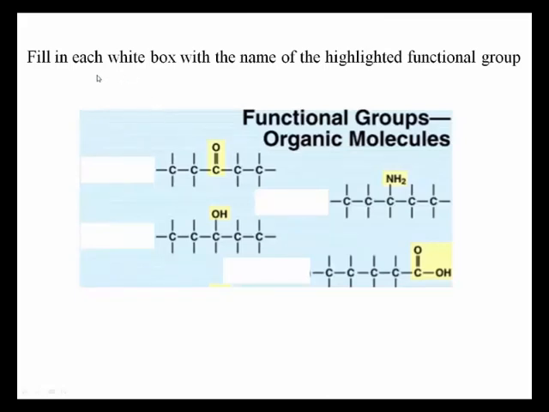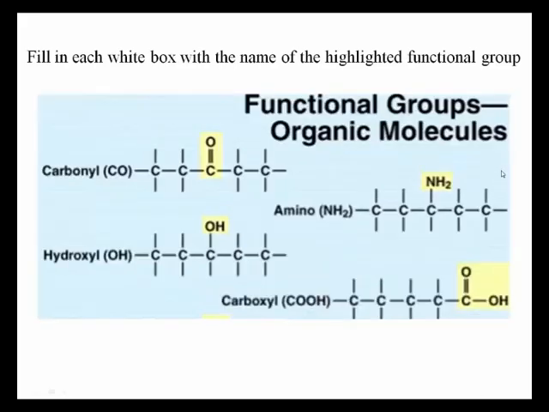First, push pause and try to fill in each white box with the name of the highlighted functional group, highlighted in yellow. I have 4 functional groups here. I have the carbonyl group, because it's in the center of the chain, it's a ketone. I have the hydroxyl group, the amino group, and the carboxyl group.